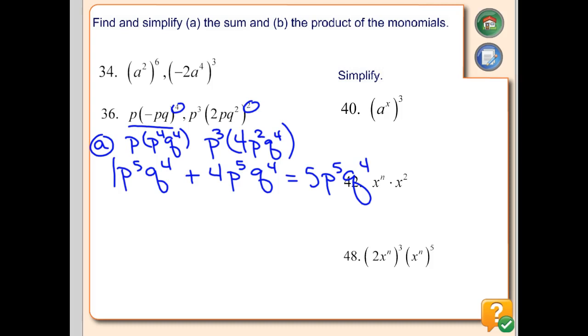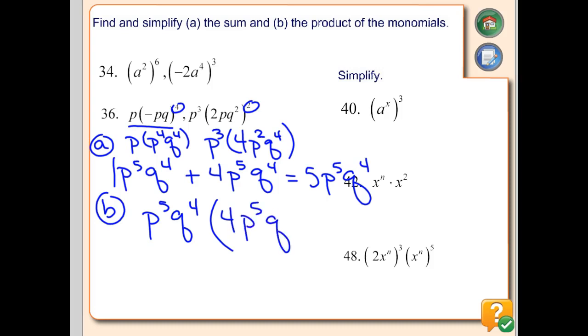Now, let's see what happens when we multiply them. So, this is letter B, so we've got p to the 5th, q to the 4th, and now we're going to multiply by 4p to the 5th, q to the 4th.